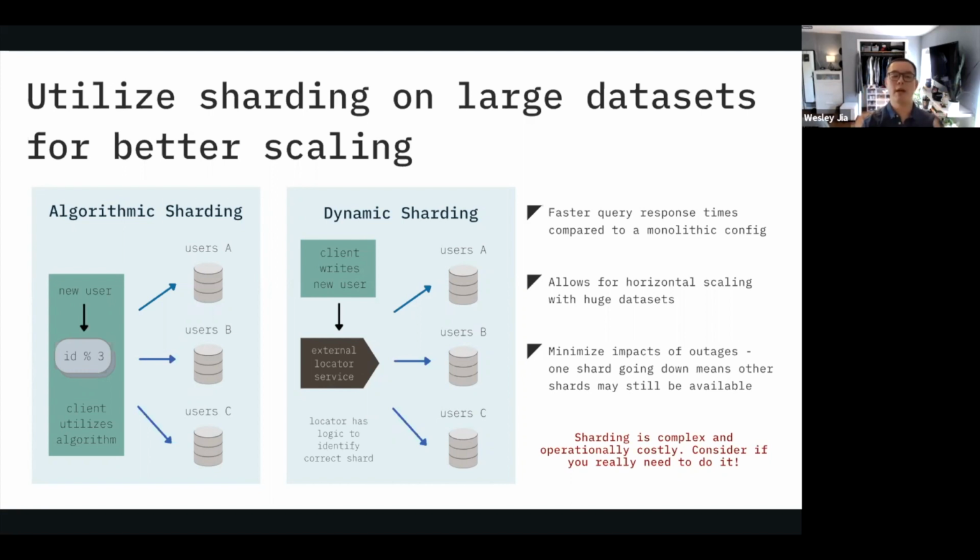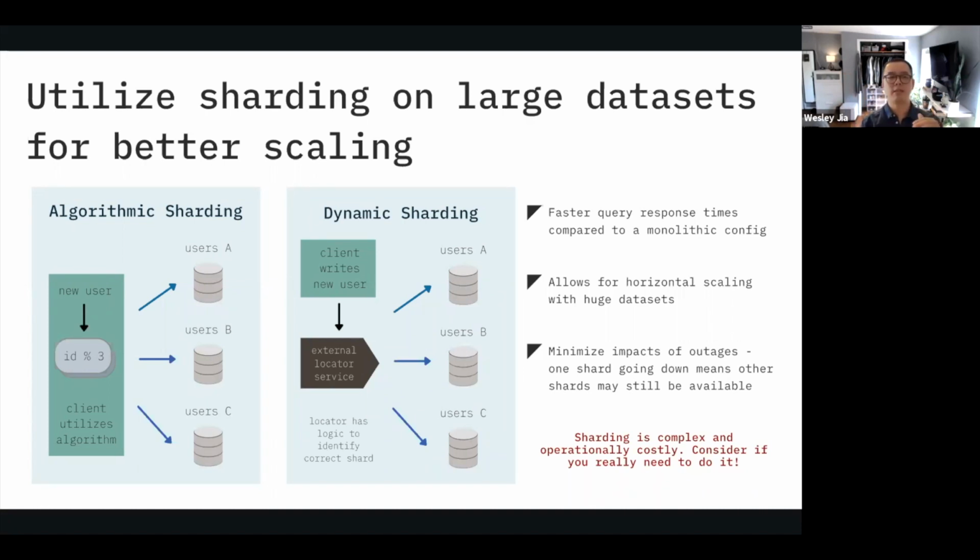So a client, when adding a new user, might just check the ID of the user they're adding, and based on that, put it in the specific database. Whereas with dynamic sharding, the algorithmic logic is decoupled, where an external locator service is going to determine what shard the data should be read or written to, and the client just sends their normal request.